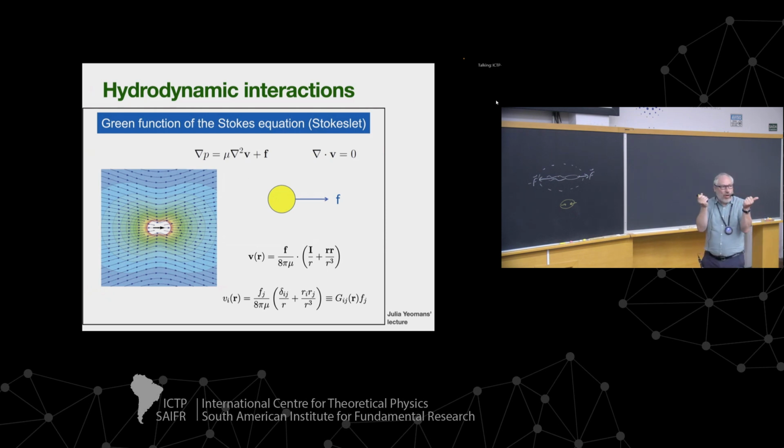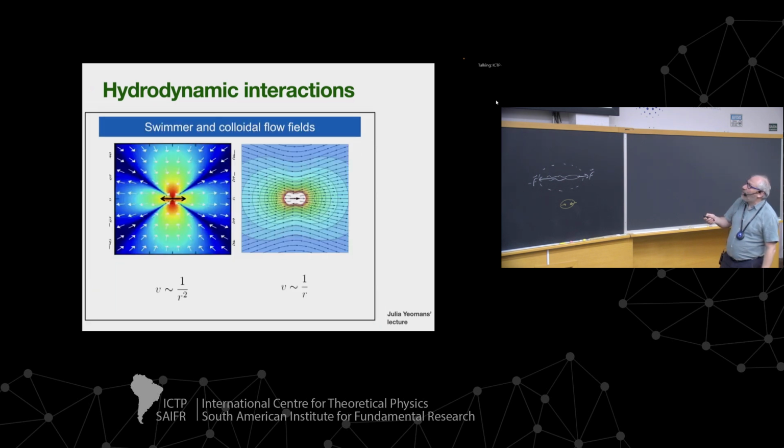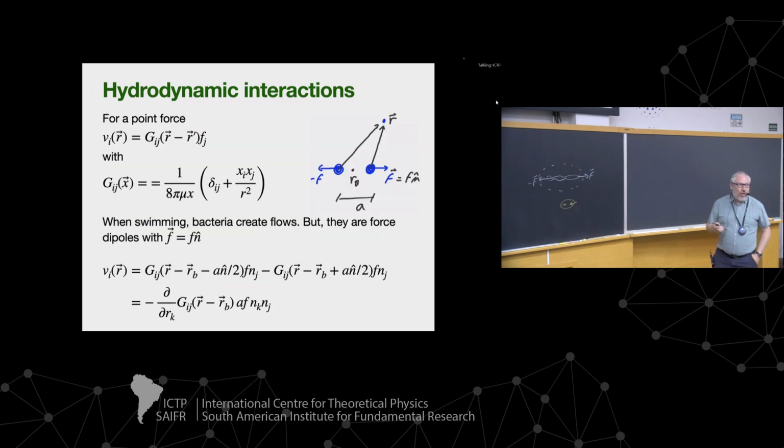When you have a dipole, it decays faster, because there's a first order cancellation of the two forces, and you get something that decays like 1 over distance squared for a bacterium. And this is the flow field for this case, where you're pushing on your head and your tail like this. So let's do that with a bit more detail.